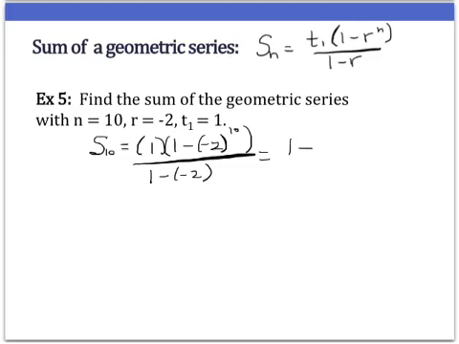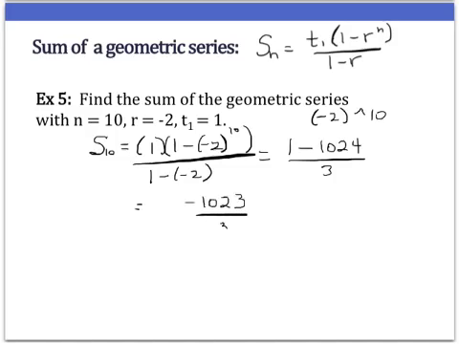So in your calculator, you would enter in parentheses like this. And you would get a positive 1024. The bottom becomes 3. And you have negative 1023 over 3, and that actually divides evenly to make negative 341.